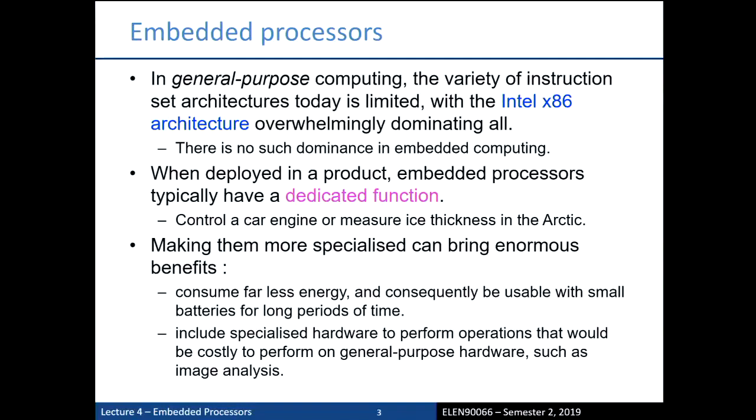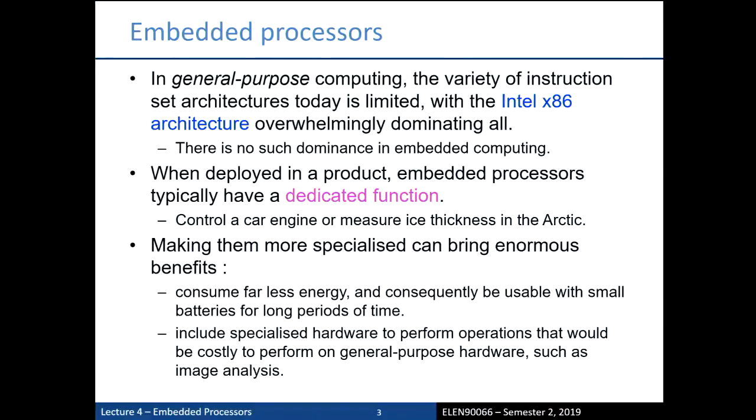Now, you can understand embedded processors have a really dedicated function. For instance, control a car engine. This is not for some hacker to get in there and write a bit of C code to do something fun or write a game. This is do a specific task and do it well and do it in a reliable, repeatable way.